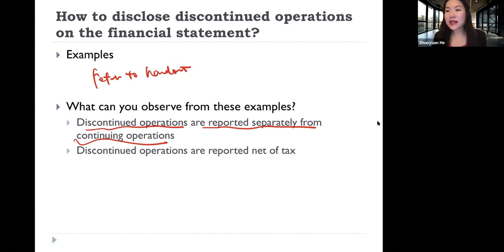Sometimes people do not pay so much attention to this, but it is very important that discontinued operation needs to be reported net of tax. If you go back to look at those examples, in both Pfizer and Walmart, the discontinued operations are reported net of tax.